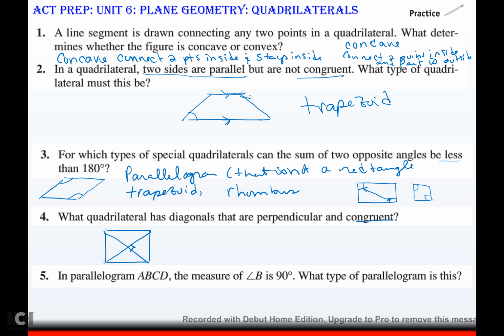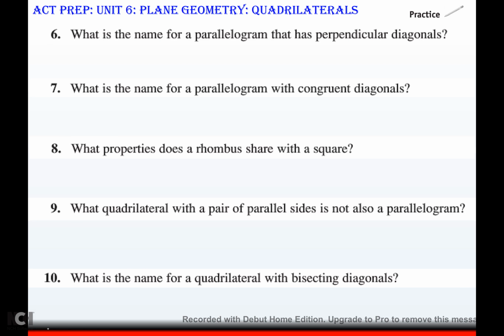Okay, and 5, in parallelogram ABCD, the measure of angle B is 90. What type of parallelogram is this? If you have 90 degree angles, you have a rectangle. Alright, 6, what is the name for a parallelogram that has perpendicular diagonals? Well, that would be a rhombus.